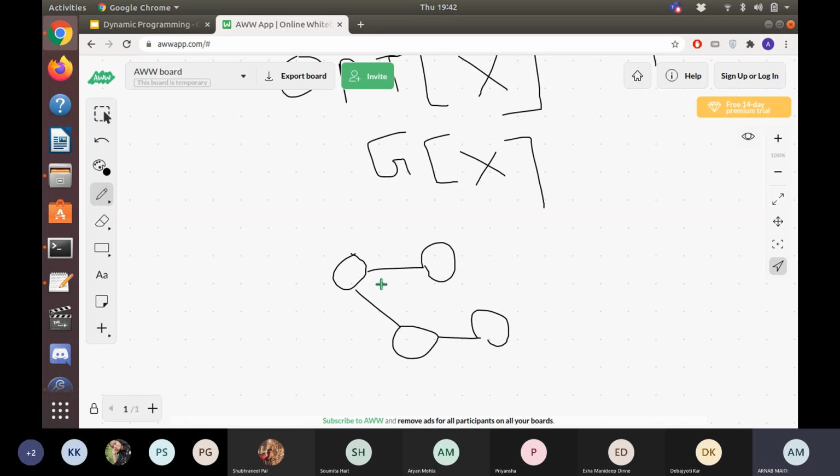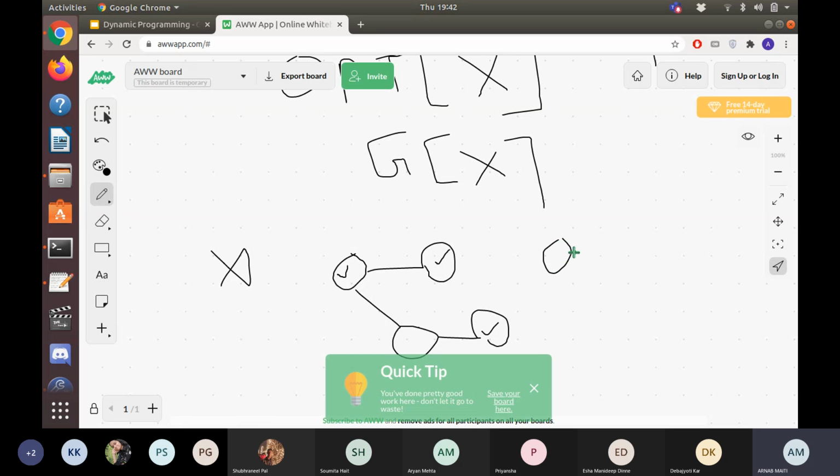Suppose this is my graph and my set X contains this, this and this. Then the set X contains these three vertices, and the induced subgraph on X is this thing.